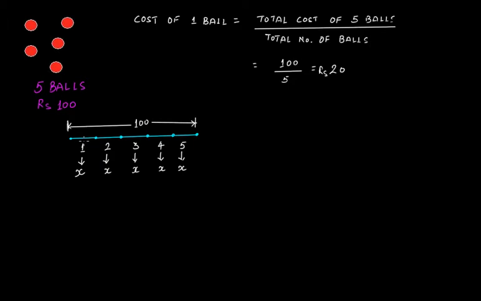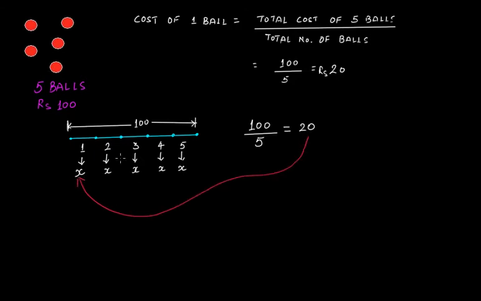So this was for the first ball, this for the second, the third, the fourth, and the fifth ball. The total cost is 100, and the 100 has been divided into 5 equal parts. So if I have to divide 100 into 5 equal parts, that will be 100 divided by 5, and when you divide this, you'll get 20. And that is what this X is.